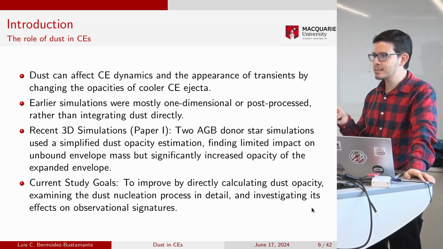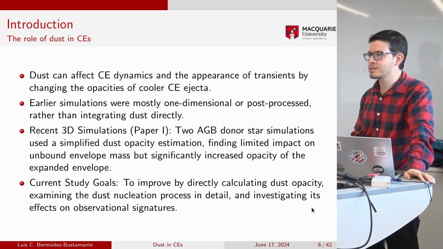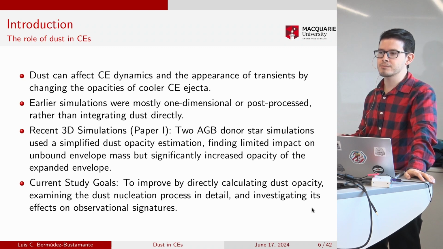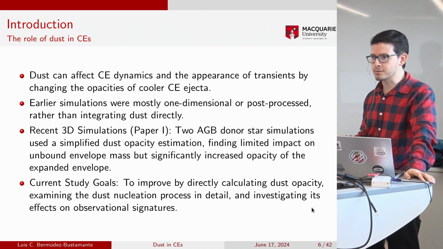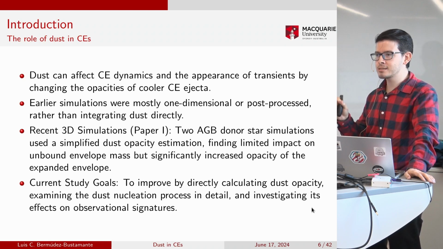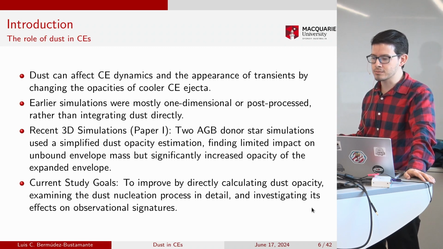That's why in a previous work we made common envelope simulations, but taking a really simple approximation for the opacity of dust. This is an analytical approximation in which the opacity is high when the gas temperature is below a condensation temperature. If the gas is hotter than that, there is no dust.